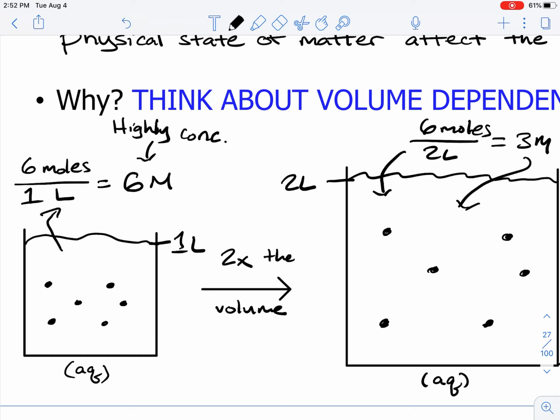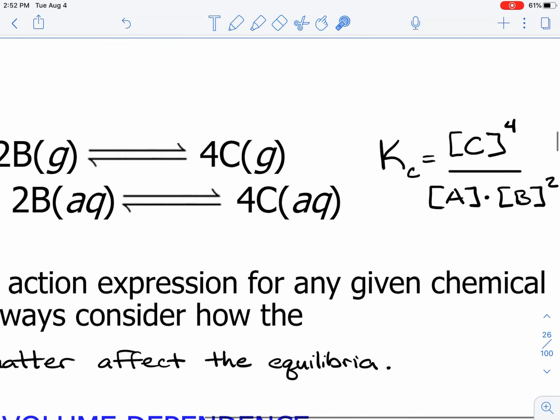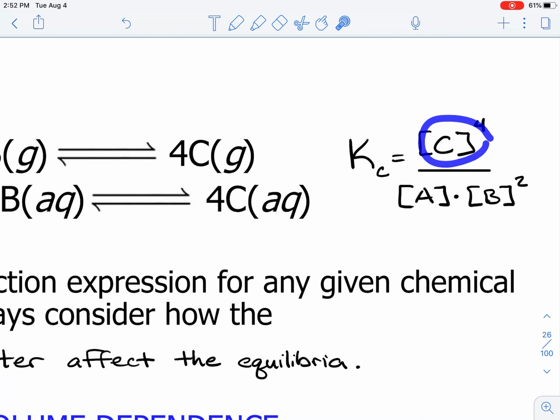And this concentration has been lowered or diluted. Okay. And so if you guys were to plug in these values for the mass action expression, then the value for the equilibrium constant is going to change.